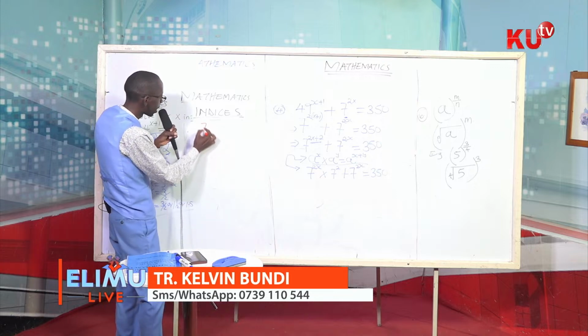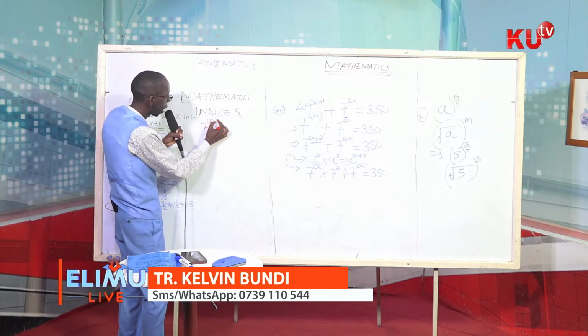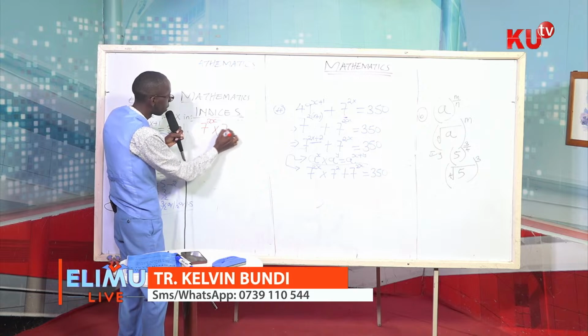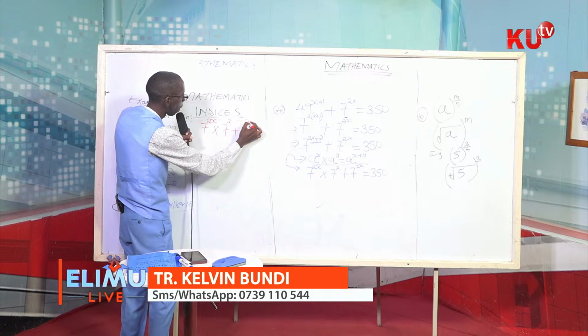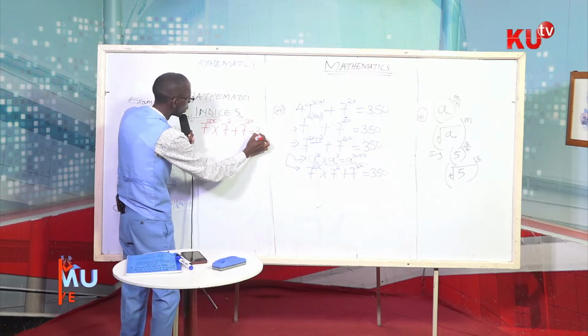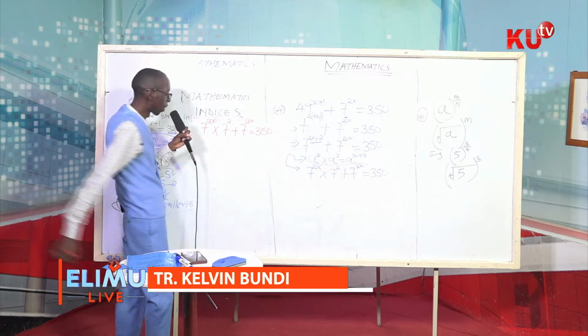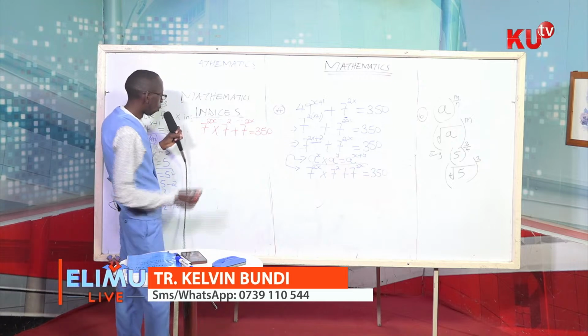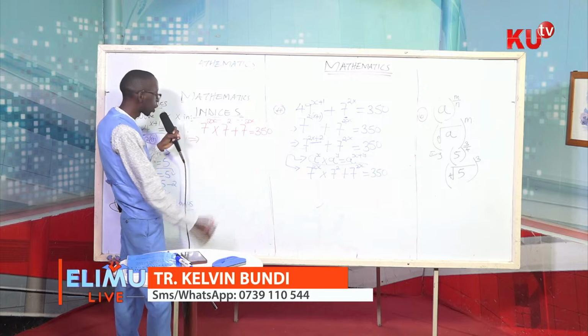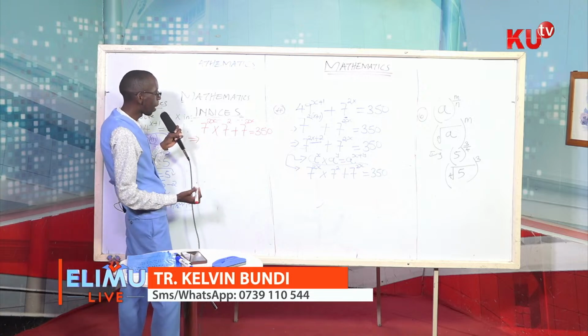We have 7 to power 2x times 7 to power 2 plus 7 to power 2x is equal to 350. If I ask you, what is the next step? I know you will recall question number 3.